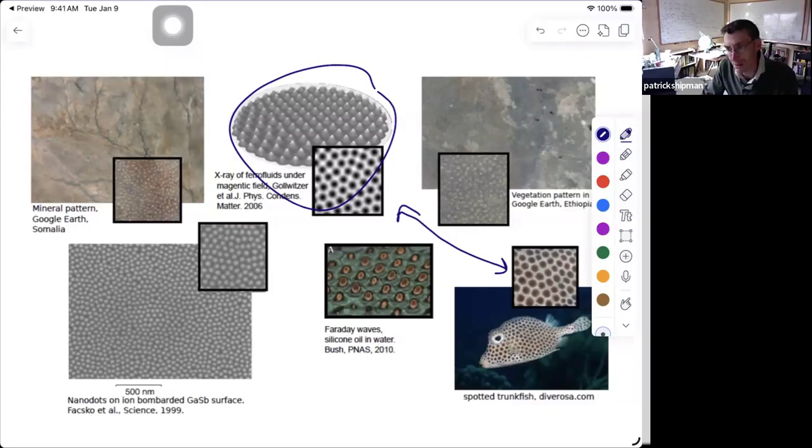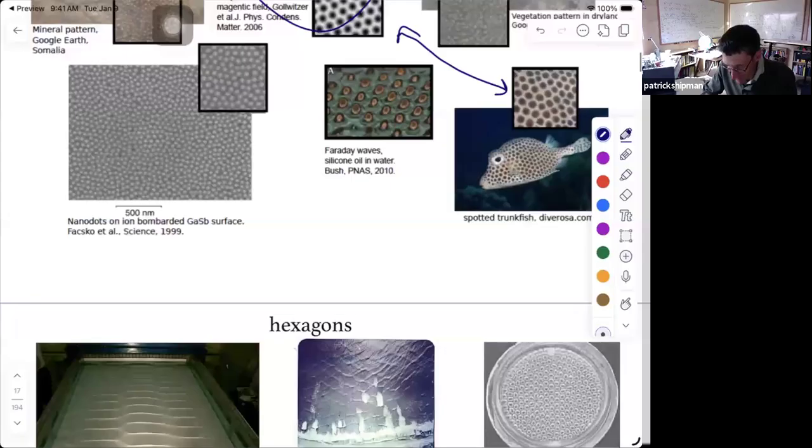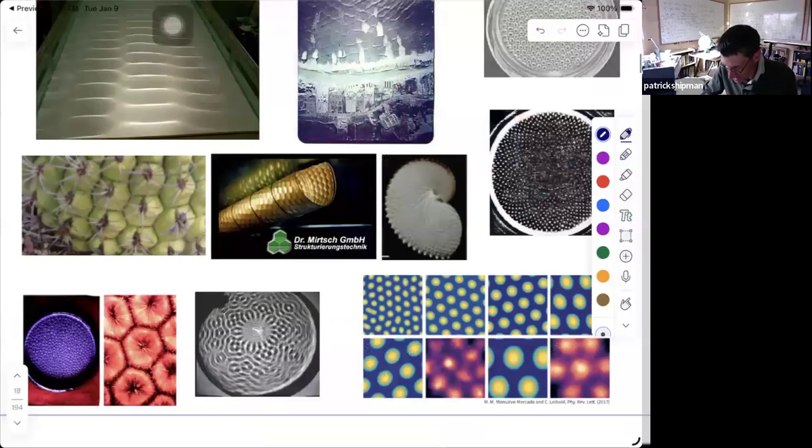So completely different underlying mechanisms, but a similar macroscopic pattern that you see. You can see that in many different ways, similar hexagonal patterns. This is just the collage. And you can imagine that this plant here, or this mollusk there, its mechanism of formation and its history is very different than, say, these water waves.